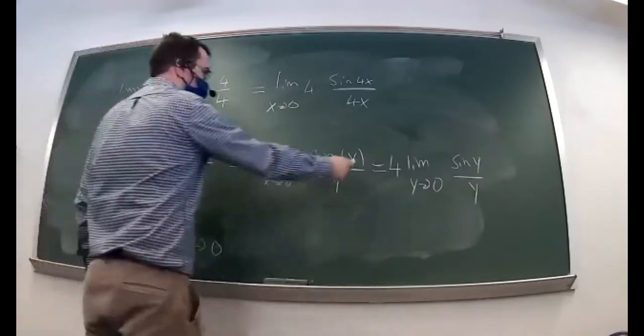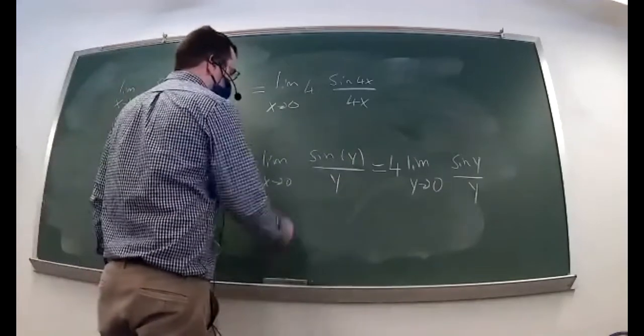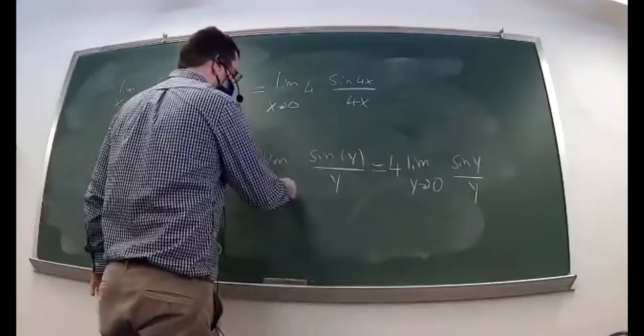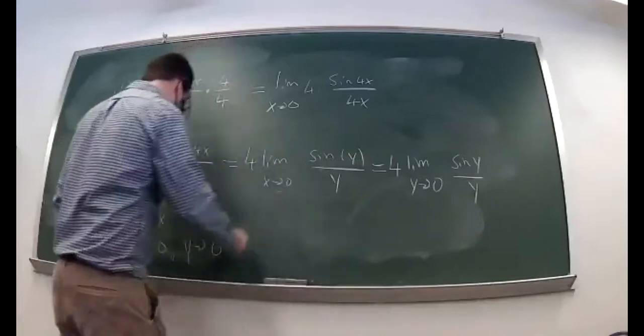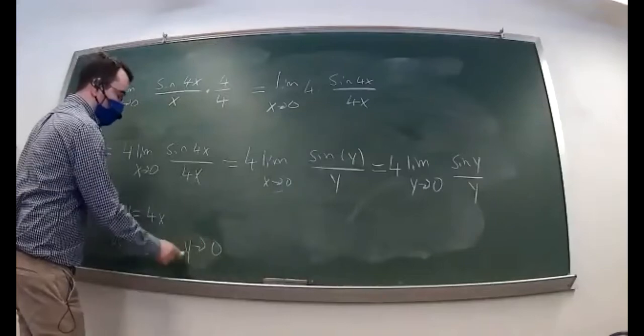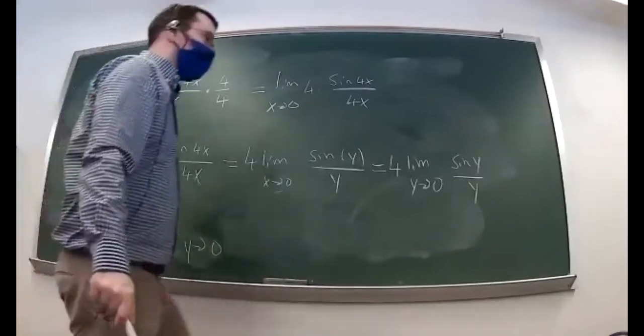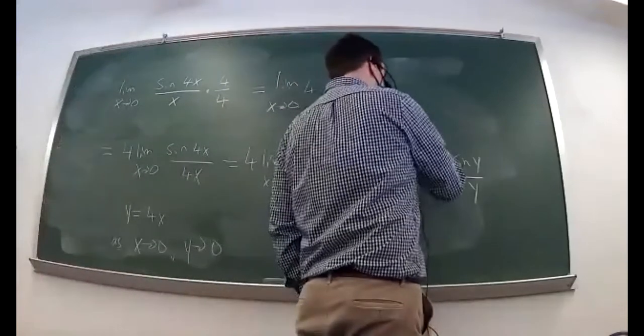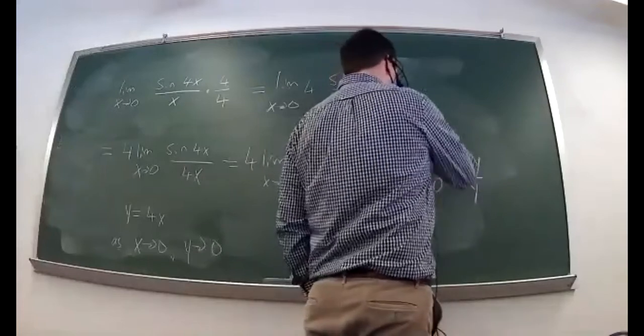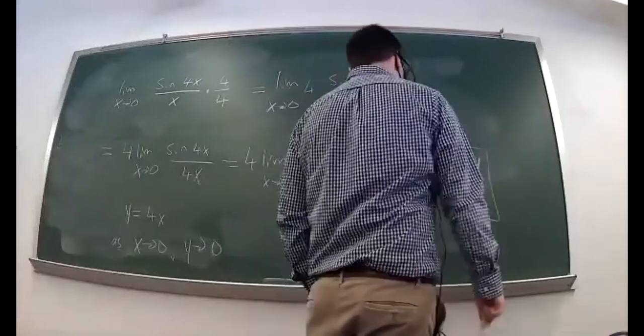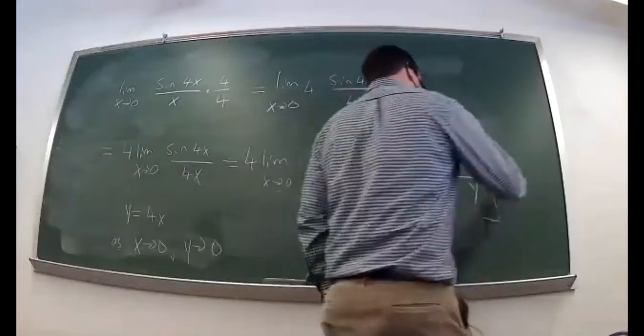And so I did that. In order to put everything in terms of y, I just have to ask myself, as x goes to 0, what's y going to? My new variable is also going to 0. So my new variable is going to say, limit as y goes to 0, sine y over y. And this is known to me to be equal to 1.